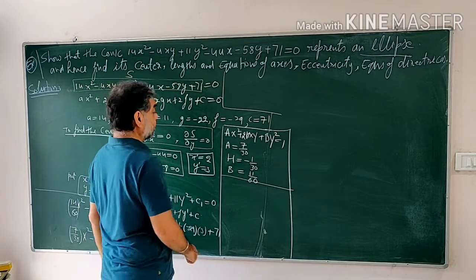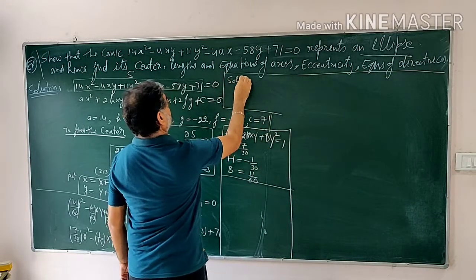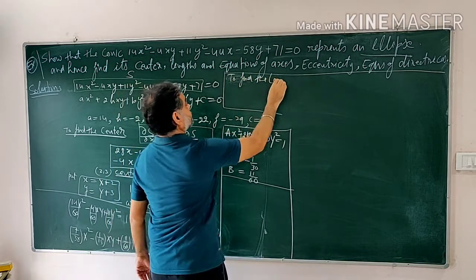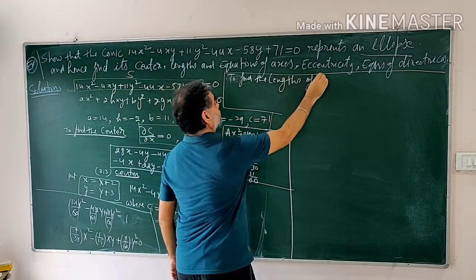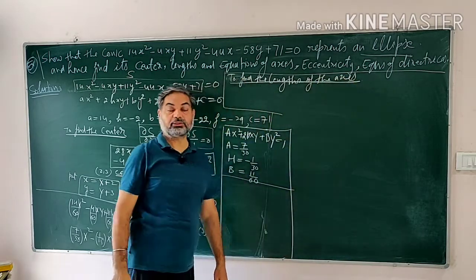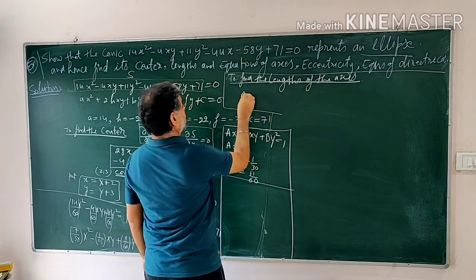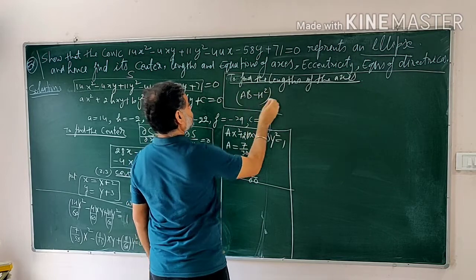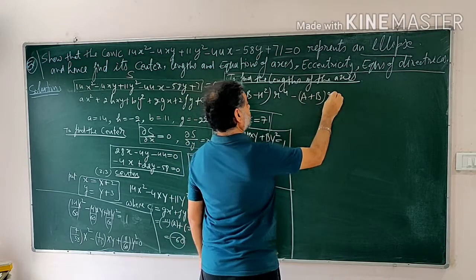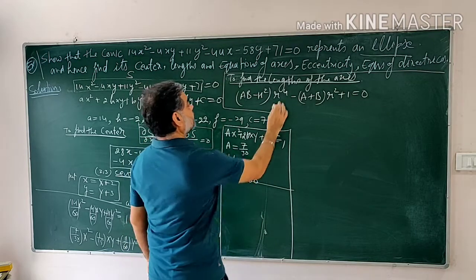To find the lengths of the axis, we solve this equation: (ab minus h square) r to the power 4 minus (a plus b) r square plus 1 equal to 0.